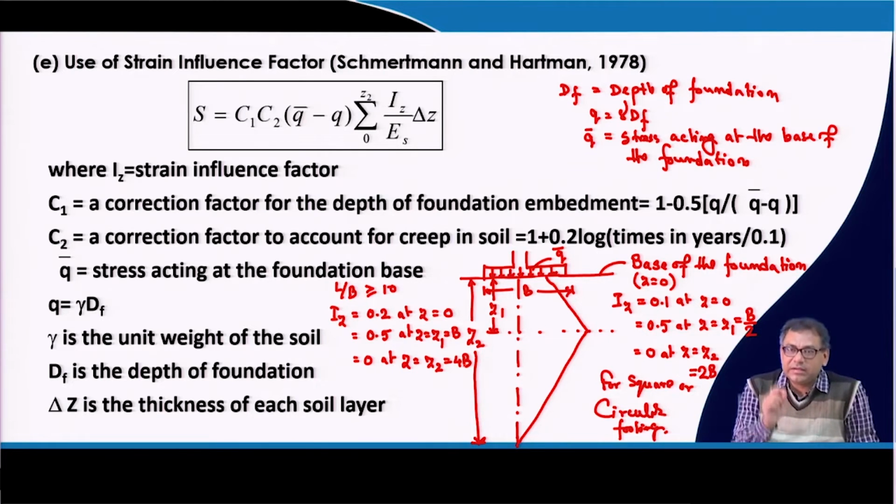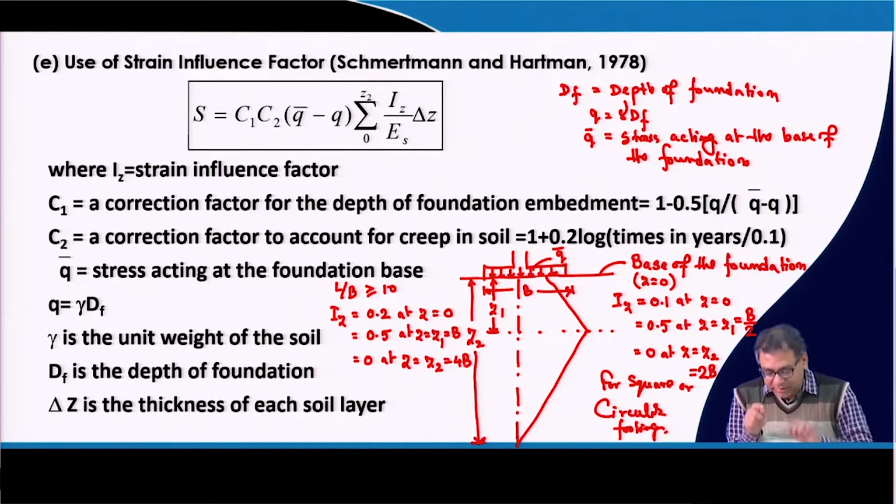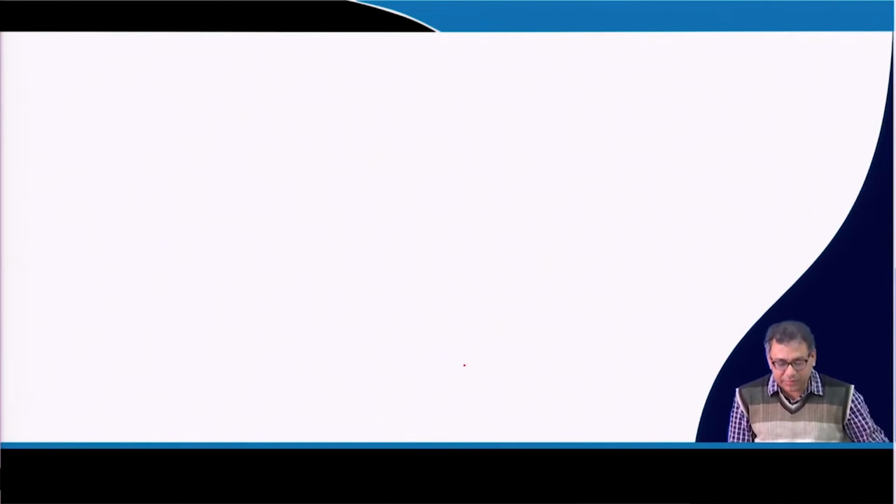So, if you increase it from 1 towards 10, the value will increase. It is not twice b, it is more than twice b. But in general we consider the influence zone for settlement as twice b, while in this particular problem you have to take twice b for circular and square footing and 4 times b for your strip footing.